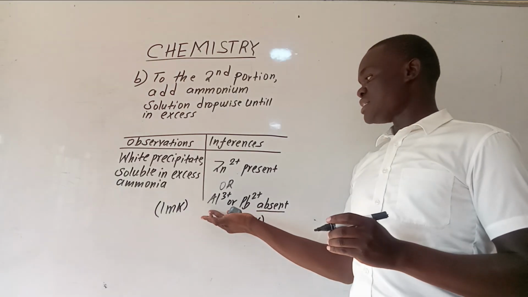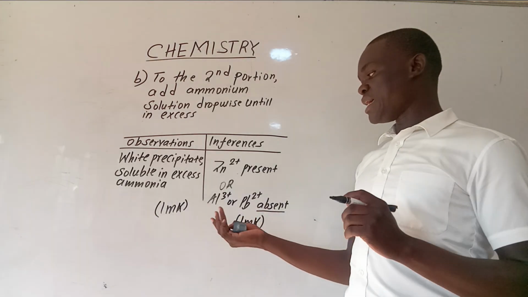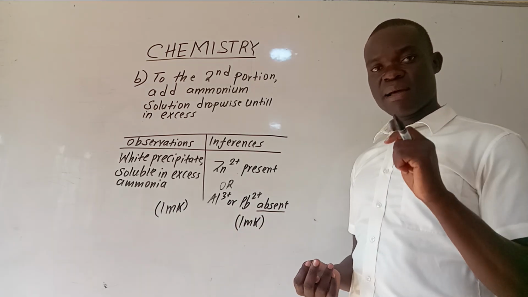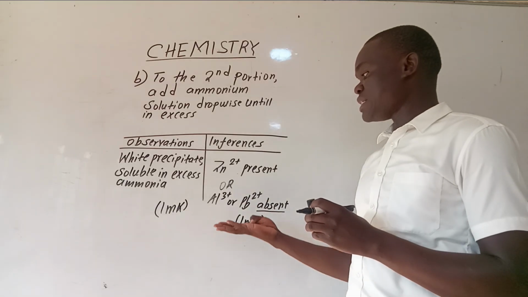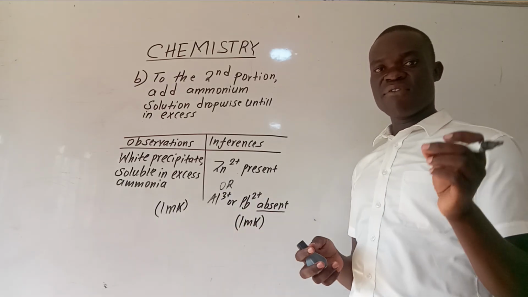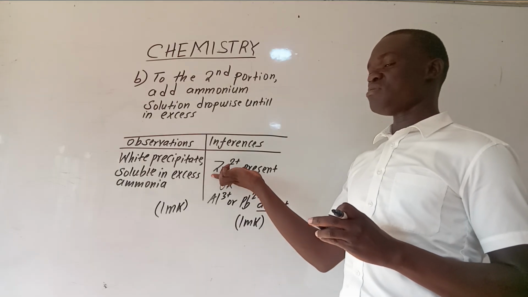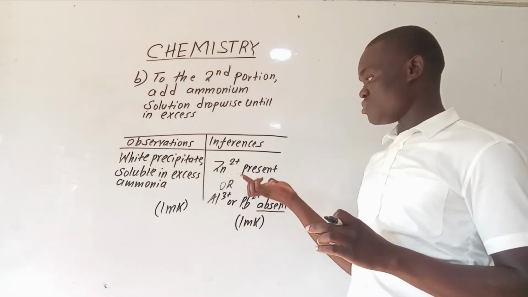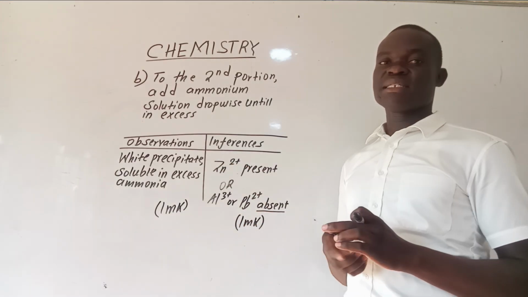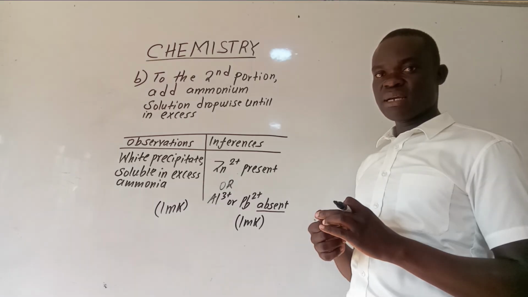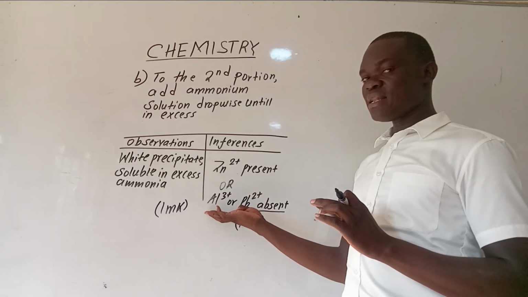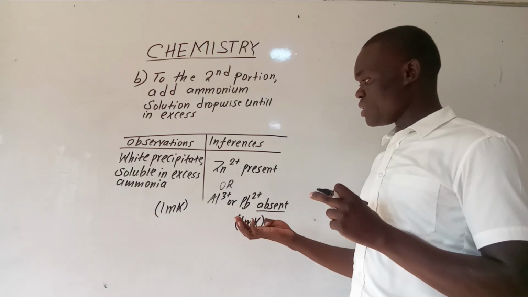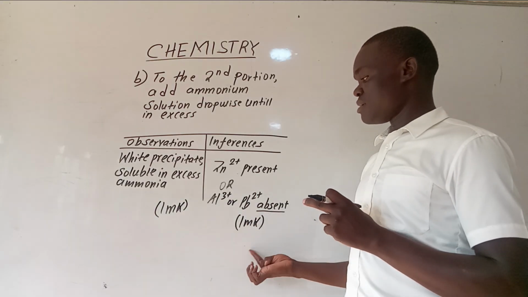But if we choose this alternative answer, we will get 1 full mark because every ion is half a mark. So it depends on what is given there. If it is half a mark, then we can just take this one. If there is 1 mark in bracket, then we should not choose the answer that will just give us half a mark. We can choose the answer that will give us 1 full mark. So at this point, we look at the marks given down here.